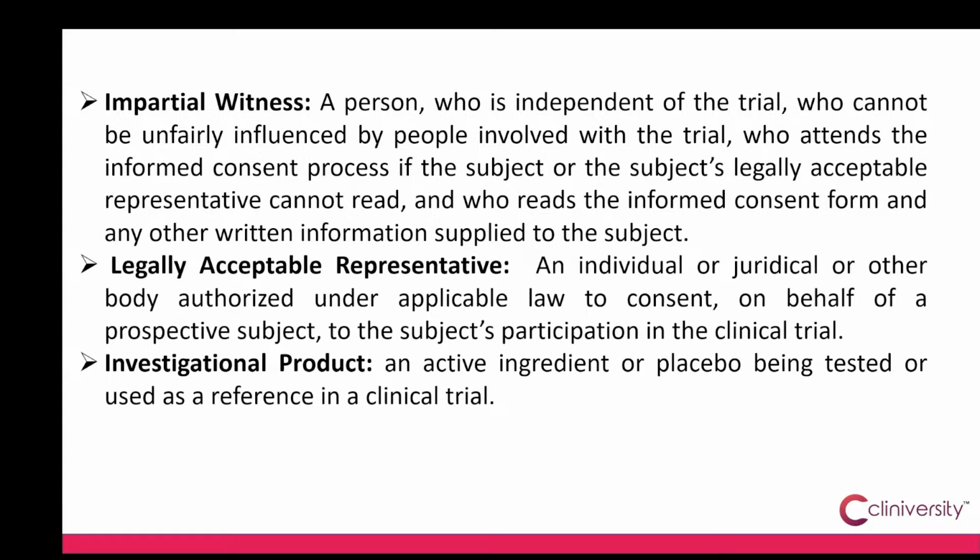So in scenario 2, we have investigator, LAR, and subject. But in scenario 3, if the LAR also cannot read and write, then we have an impartial witness. So subject, LAR, impartial witness, and investigator will be part of the informed consent process.